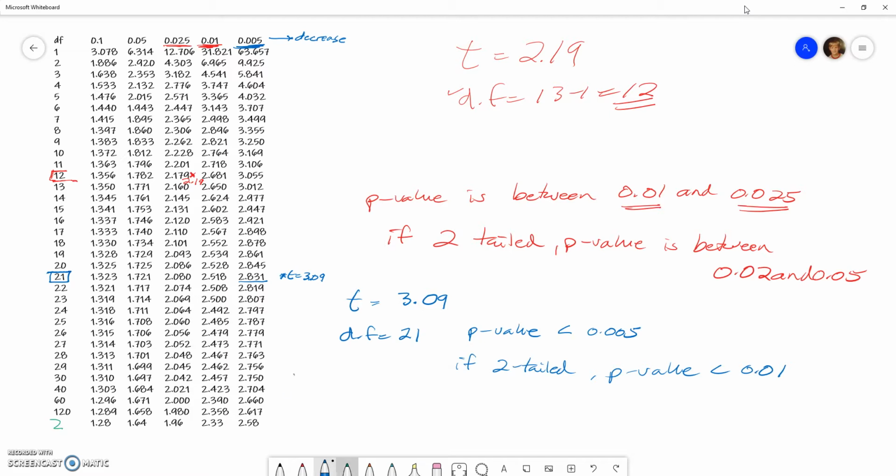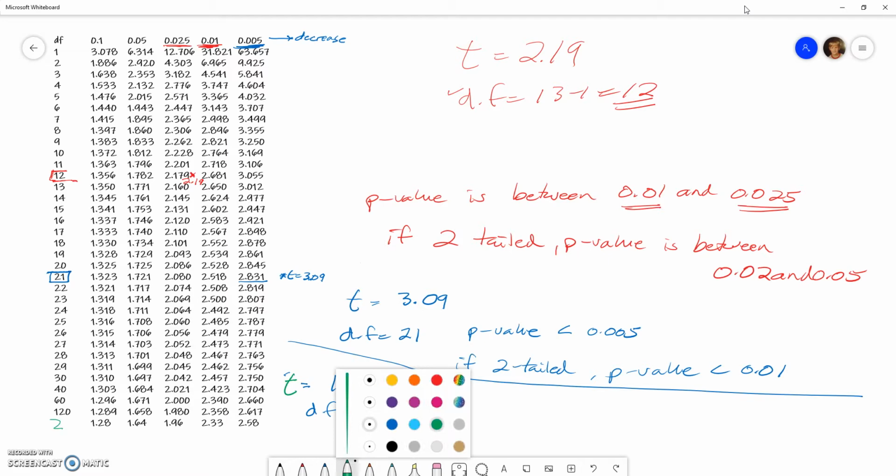One other example, let's look at a t-value that equals 1.098 with degrees of freedom being 28. Not sure why that switched. I wanted my green pen. There you go. So let's plot 1.098 on the 28 degree of freedom row. 28 degrees of freedom right here. 1.098 is on the left side.